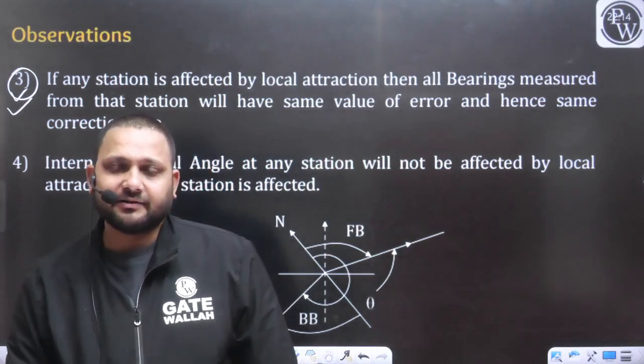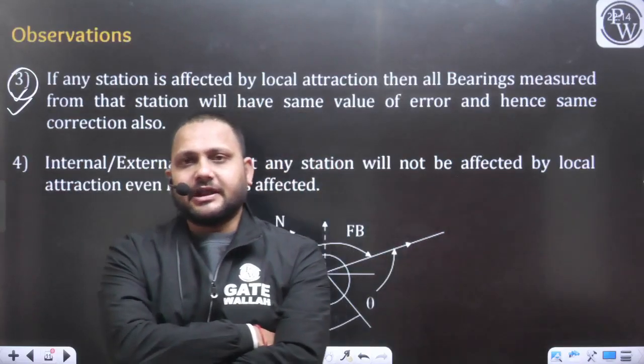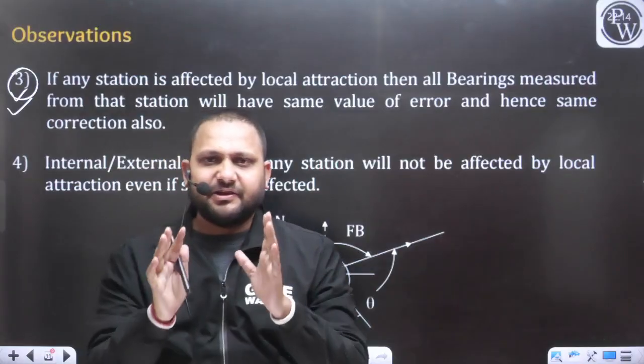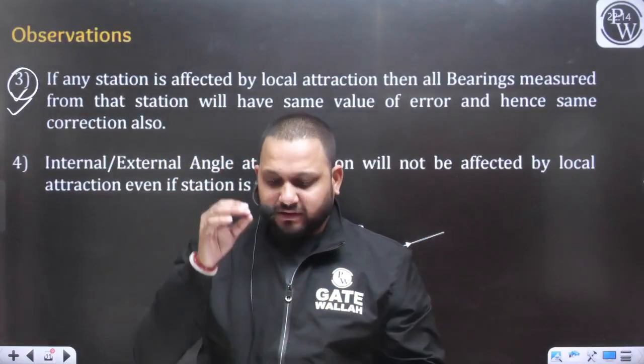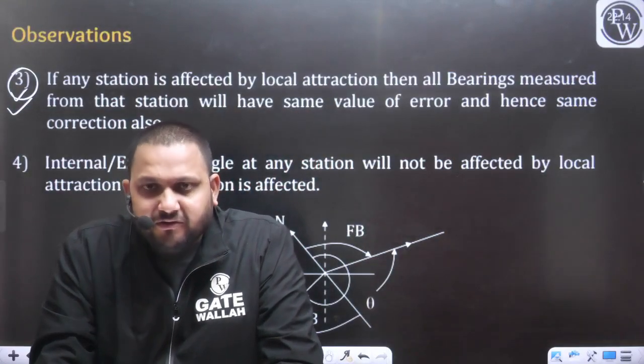Sir, didn't get it. Which point didn't you get? Tell me. If any station is having local attraction, all the readings that we take from that station will have the error.